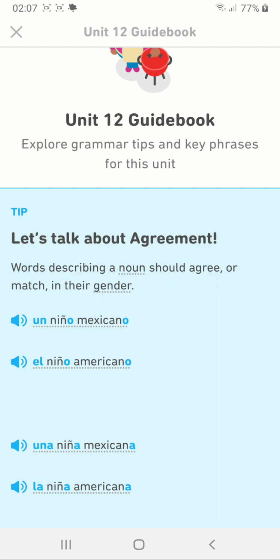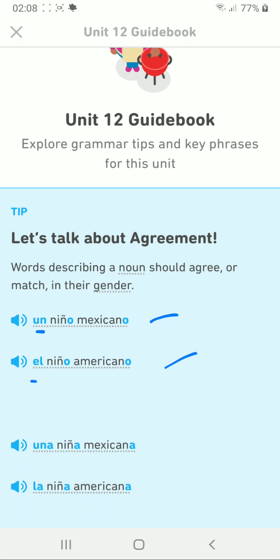Let's talk about agreement. Words describing a noun should agree or match in the gender. For example, un niño mexicano, el niño americano, una niña americana. So here, what's the difference? We have one starting with un, which is the indefinite article, but el is the definite. So that's one thing.